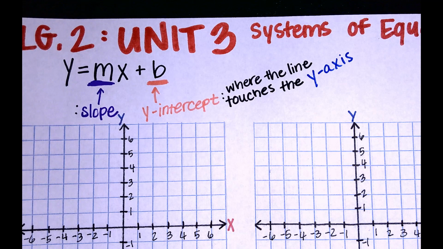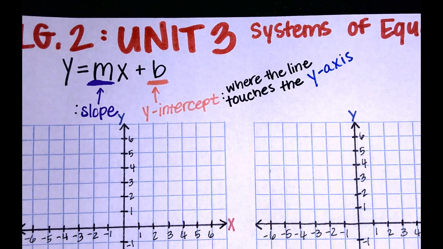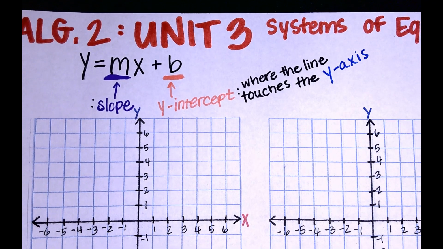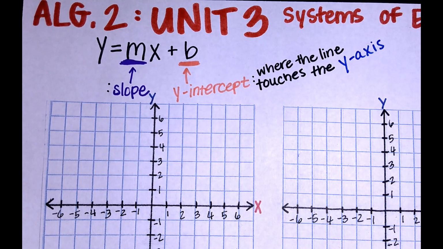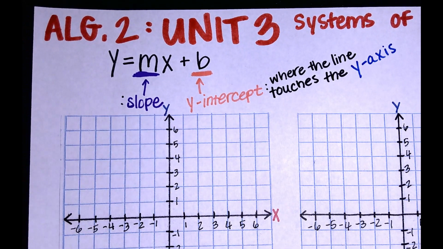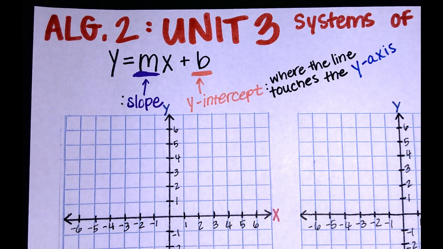The y-intercept will also be our starting point. Now, slope tells us how steep the line is. If it's a very large number for the slope, it's going to be a super steep line.